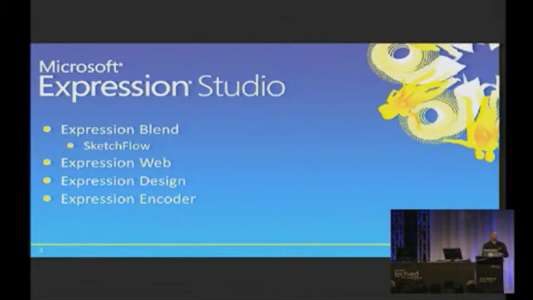So it does all your smooth streaming and your encoding and all that sort of stuff. Expression Design is a vector-based design tool, good for producing both XAML assets that you're going to use in your Silverlight and your WPF and your Windows Phone and your Surface applications, but also produces bitmap assets and combinations of the two.